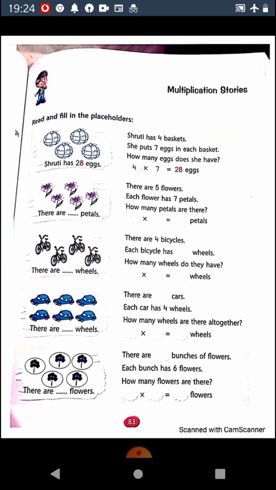Okay, so till now we have done this much. Now today I will be doing multiplication stories. That means word problems based on multiplication.